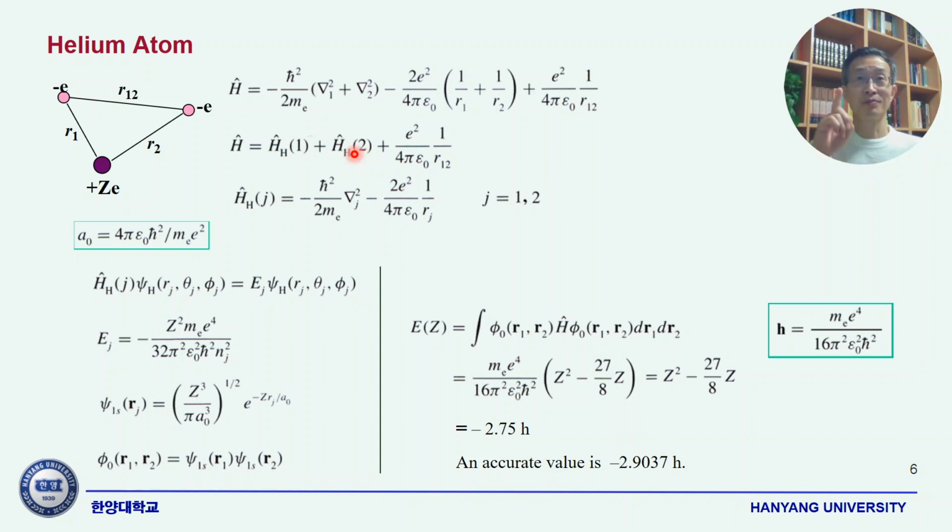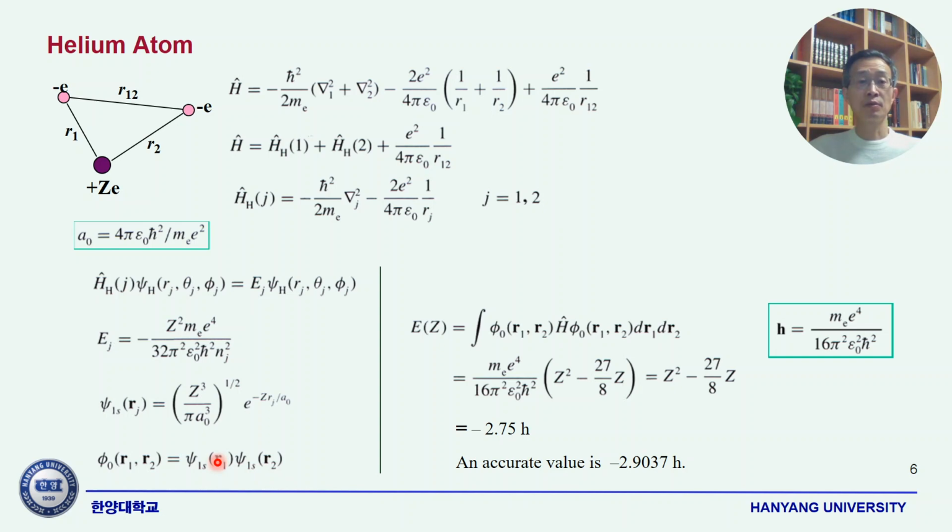It is the product of their eigenfunctions, in this case their orbitals. So the electron 1 orbital multiplied by the electron 2 orbital makes a product, which is the total wave function.